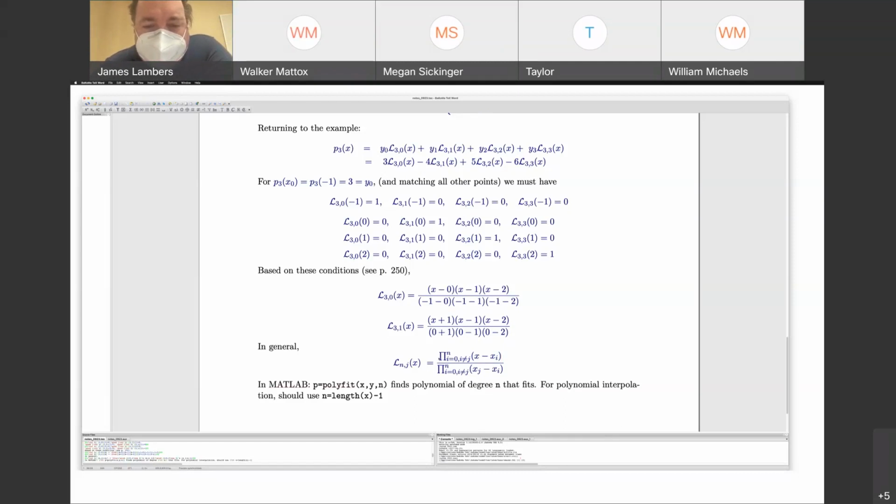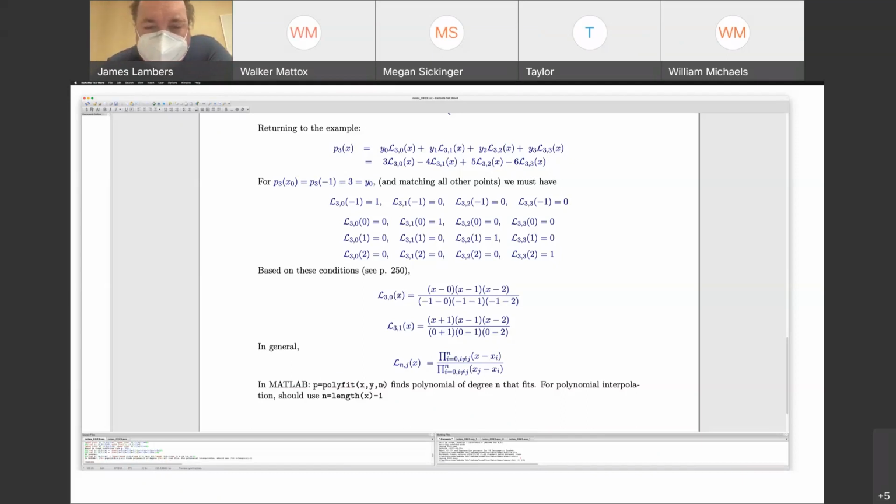Now, getting the interpolating polynomial in MATLAB is quite easy to do. You use the function polyfit. The way you use it is you pass in a row or column vector of x values, a vector of the same dimension as the y that holds the y values, and then you get to specify the degree. What I've shown here is only for the case of having n plus 1 points, and then you get a polynomial of degree n.